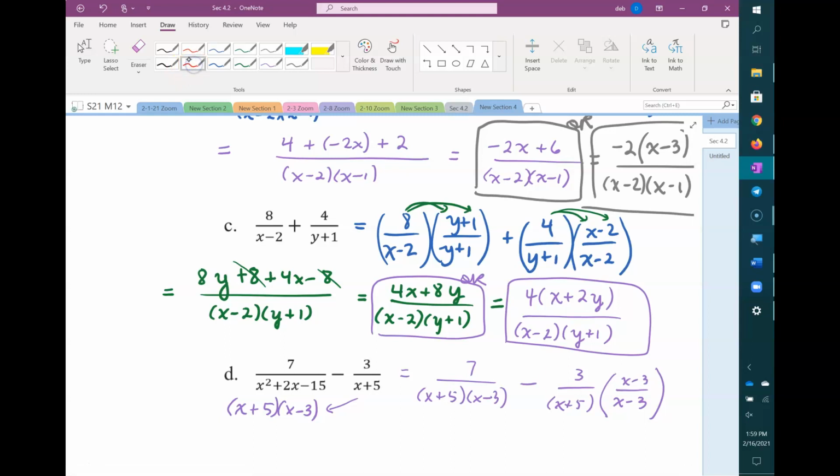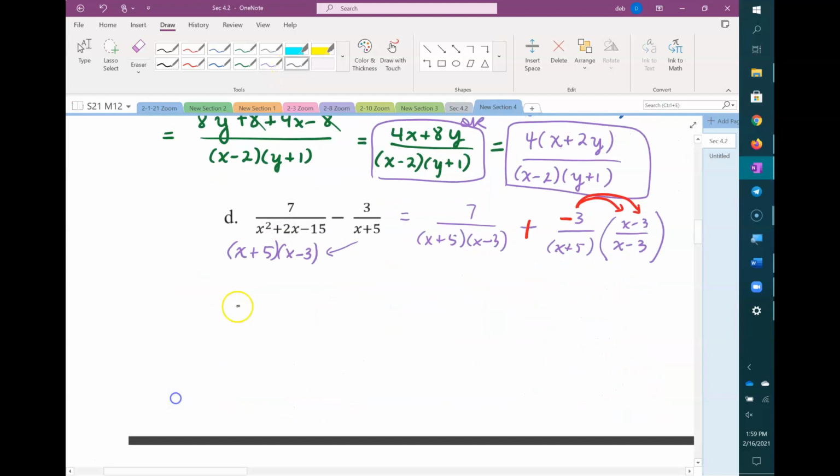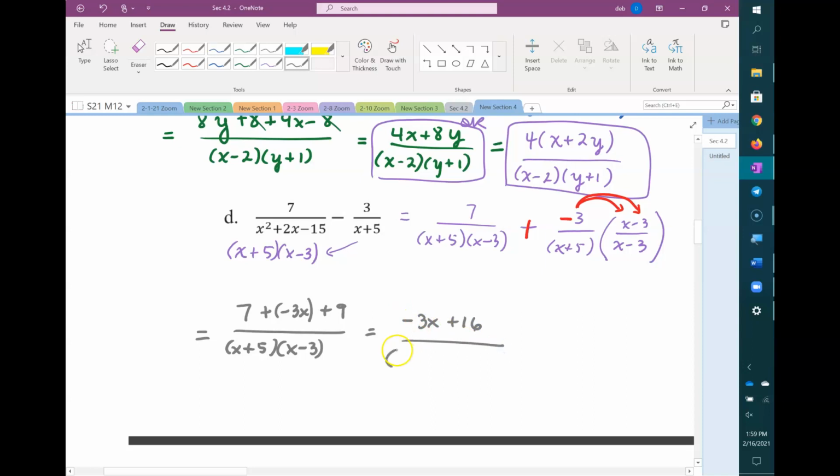Again, if it's helpful, put the minus up here with the 3 so you can remember that you're distributing a -3. So I'm going to have 7 plus -3x plus 9 over my common denominator. So I have -3x plus 16 over my denominator.